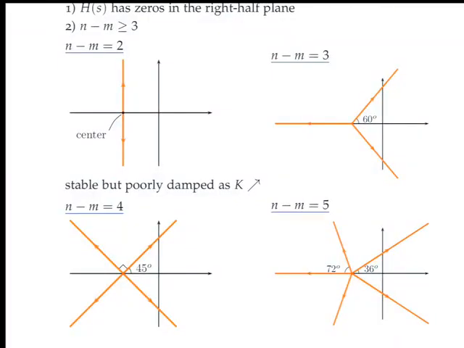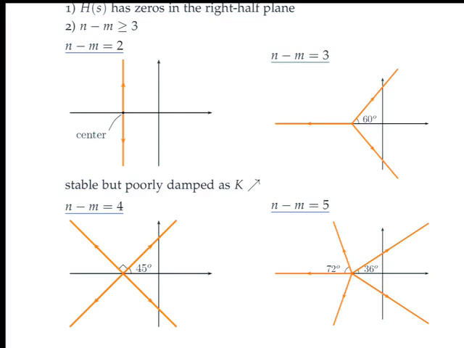You'll go to the right half plane even sooner because the asymptotes are 45 degrees. So basically the story is, if n minus m, that quantity is called the relative degree of the transfer function, because it's the degree of the denominator minus the degree of the numerator. If that relative degree is 3 or more, you get instability with high gain.